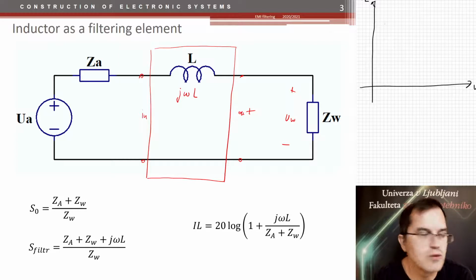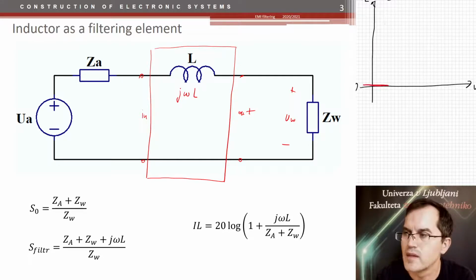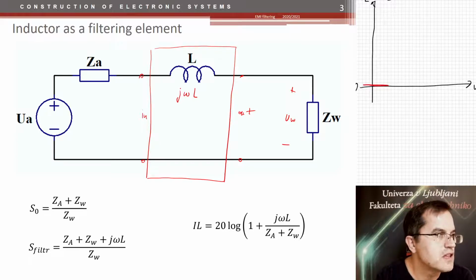And the logarithm of 1 is 0. So 0 decibels, if we are talking about insertion loss in decibels. Then we start with 0. What then? At high frequencies, ωL goes large, and therefore it increases the whole term, and the insertion loss increases as well.